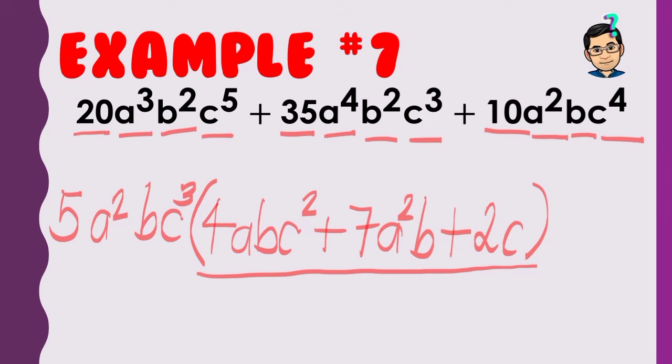So, kapag meron po kayo nakitang mga common factors pa, it means, hindi pa yon nakasimplify. So, for example, dito sa last term natin, dito sa 2c, kapag may nakita pa kayong b dito, kailangan pa rin natin i-factor out yung b. So, dahil dito, ito na yung final answer natin. Ito yung factored form ng given expression.